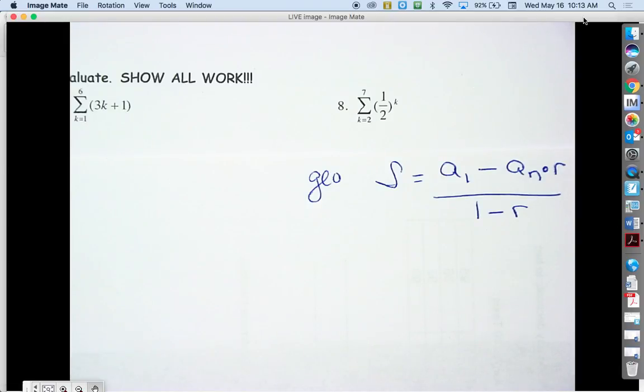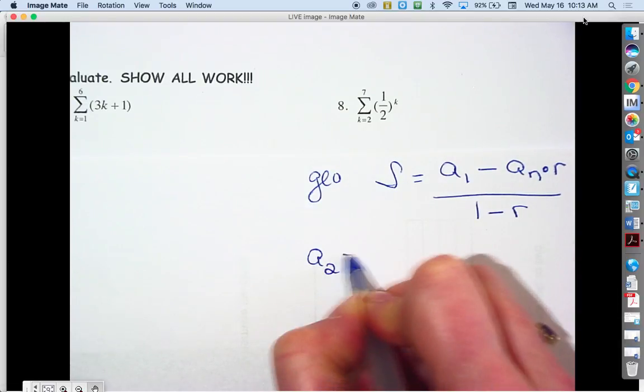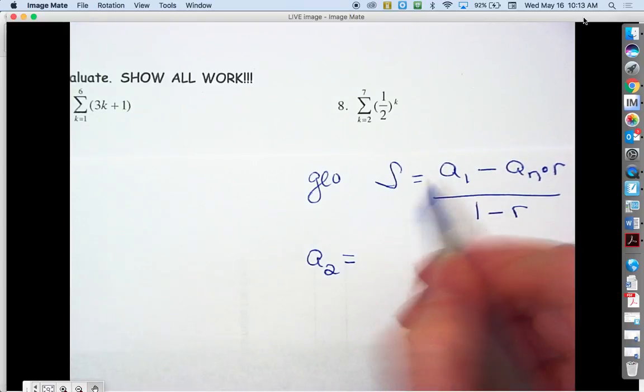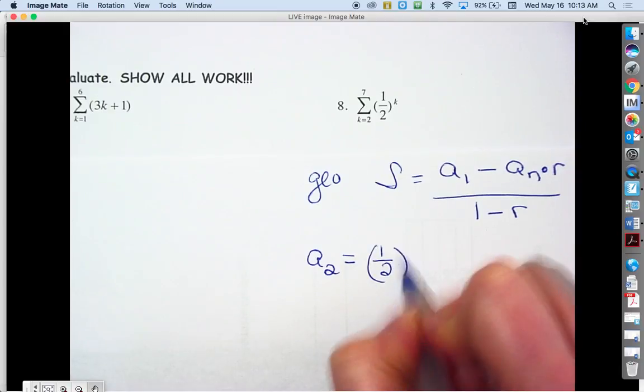So the first term in this sequence really isn't a sub 1 because this sequence starts with 2. So whatever's on the bottom is where your sequence starts or your series starts. So we're really skipping the first term. Our first term is actually a sub 2 because that's where this one begins at the bottom. So if we want to find that, we'll take 1/2 squared.